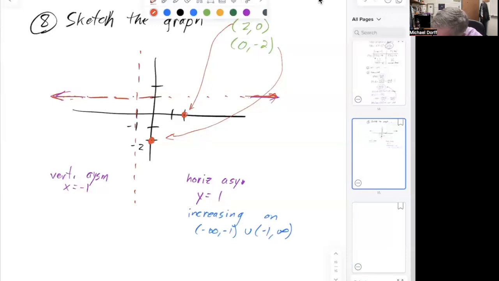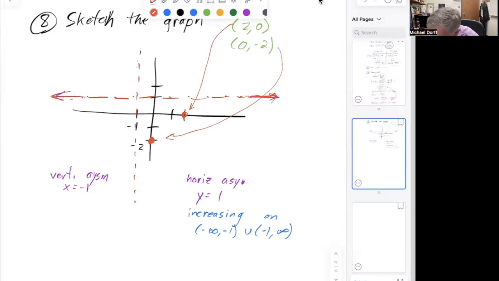And here's my horizontal line. You can cross the horizontal line, but it just means as it goes further on, that's what's going to happen. I don't see how I can use quite that it's increasing yet here. I do know that there's going to be this vertical asymptote.